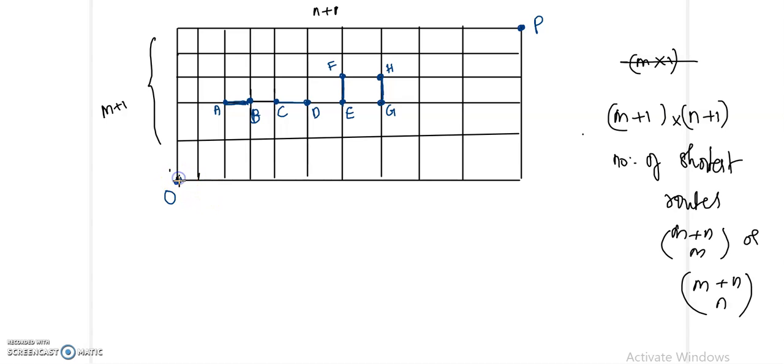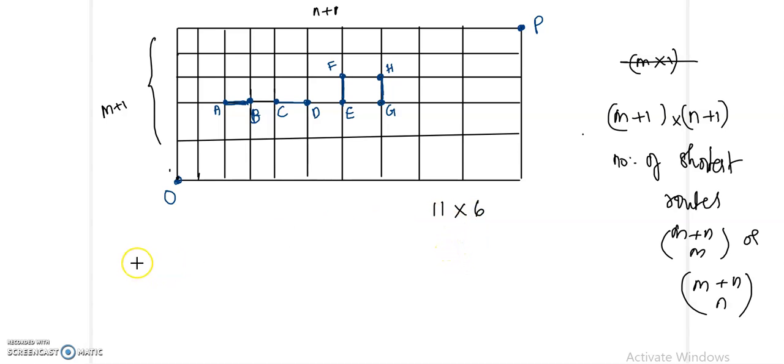From a point we can move either to the right side or in the up direction. So from every point you have these two choices. It is like choosing 0 or 1 in each step. So the number of shortest routes will be m plus n C m or m plus n C n. Here you are given an 11 by 6 grid.